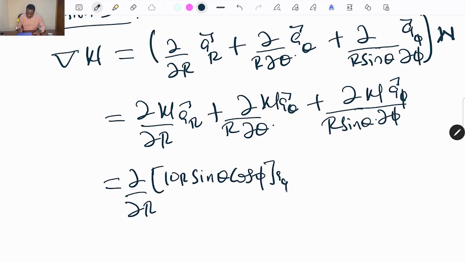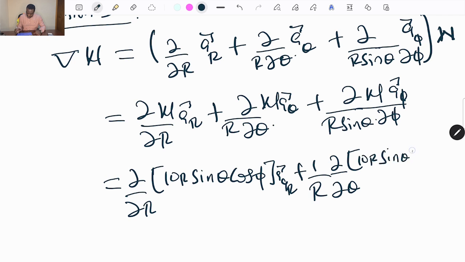We are just replacing r, differentiating with respect to theta. Then we have again 10r sine theta cos phi, then we bring the unit vector.